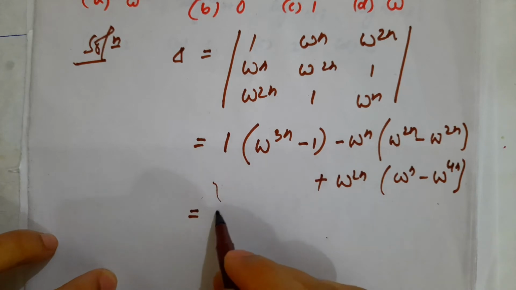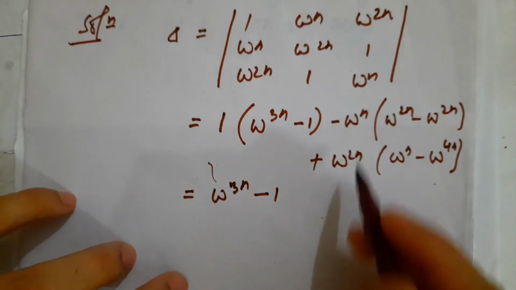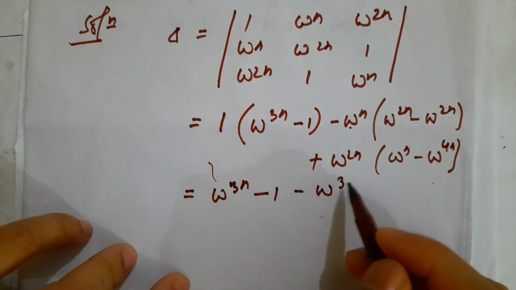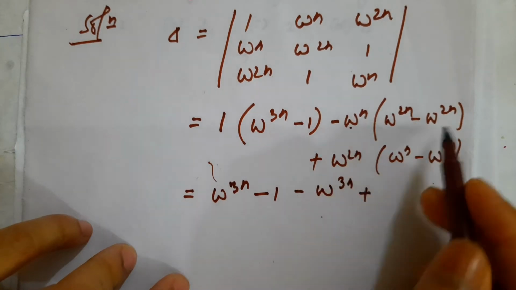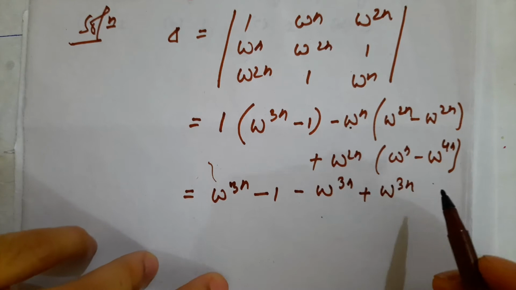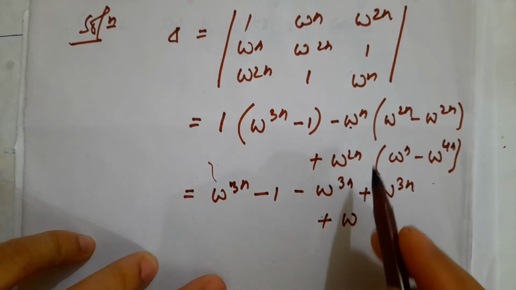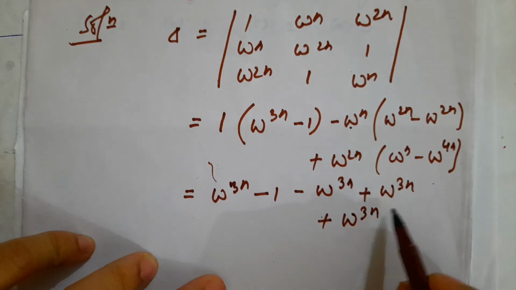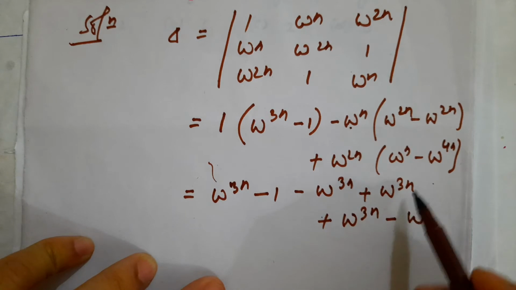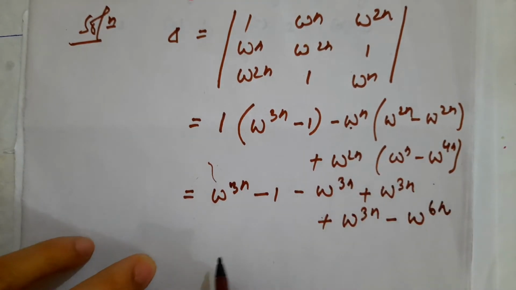Now open the bracket: omega to the power 3n minus 1, so omega to the power 3n, minus into minus plus omega to the power 3n, plus omega to the power 3n, minus omega to the power 6n.